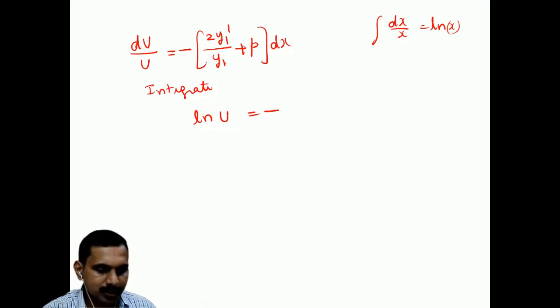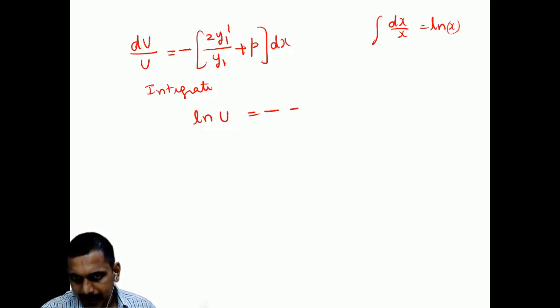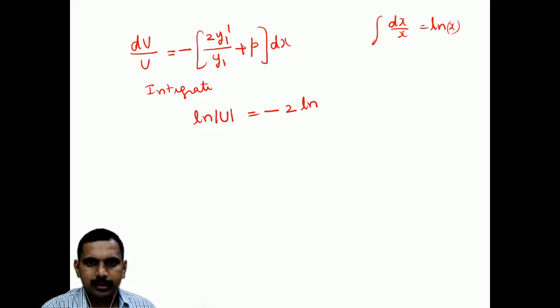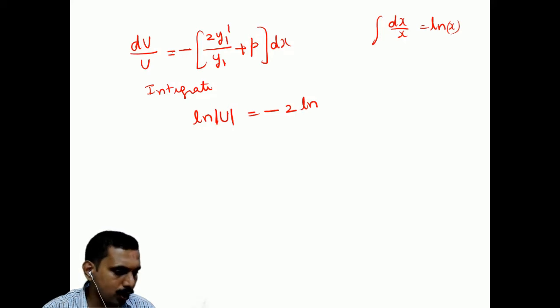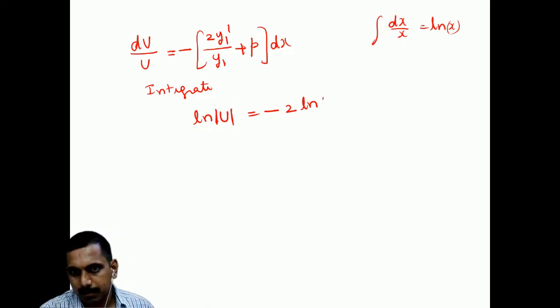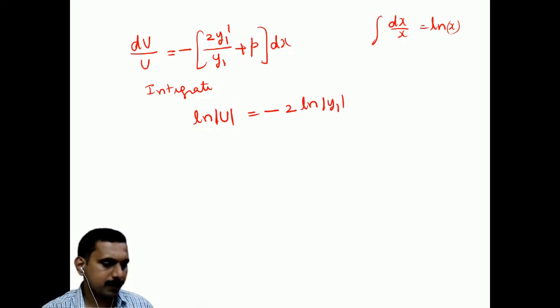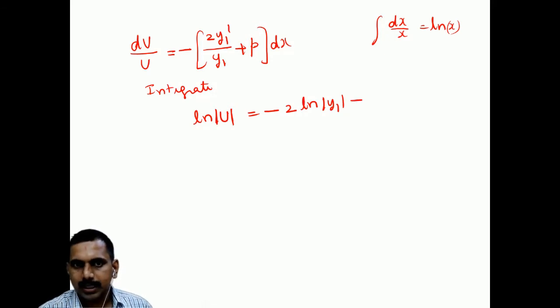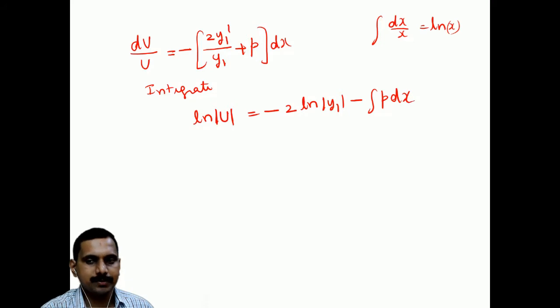So this will become minus 2 into log of, whenever you take log, you have to take a modulus here, because log cannot be of a negative number. So minus 2 log of modulus of y1, minus integration of p dx.